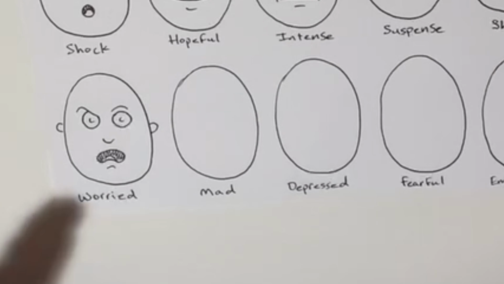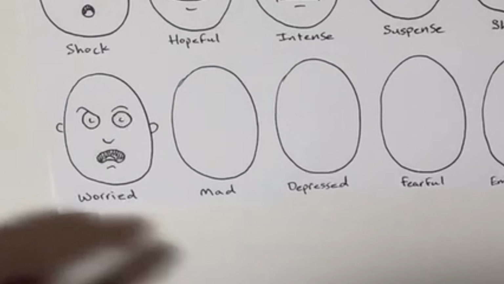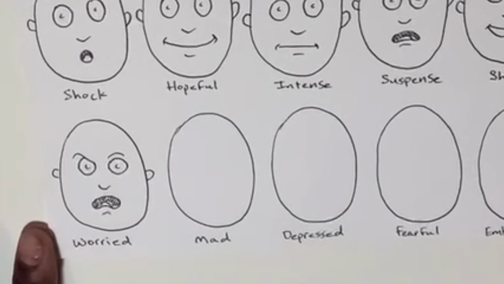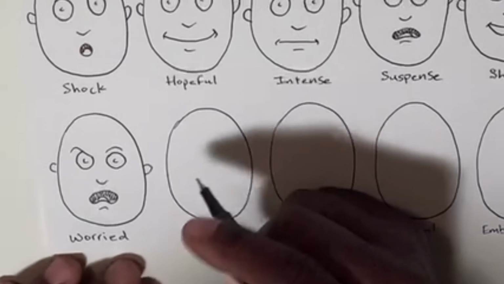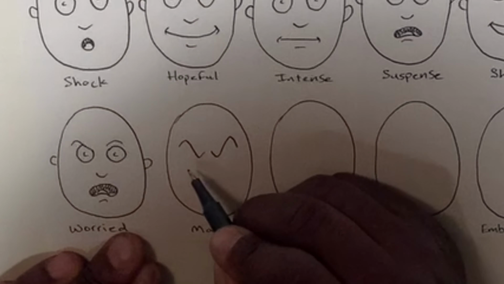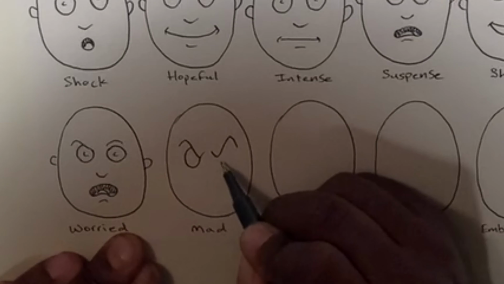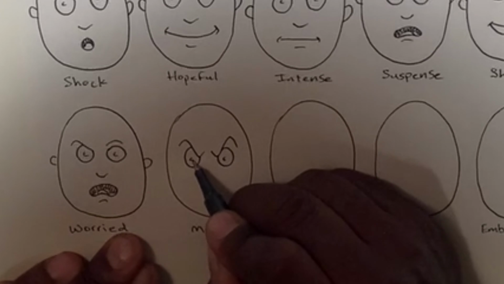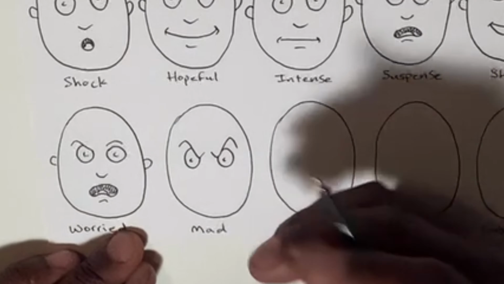Mad is a step up from anger. So it's more emotion, more wrinkled eyebrows. The more you could make them pronounced, the lower angle you could bring them down to, the more anger you would show from that character.